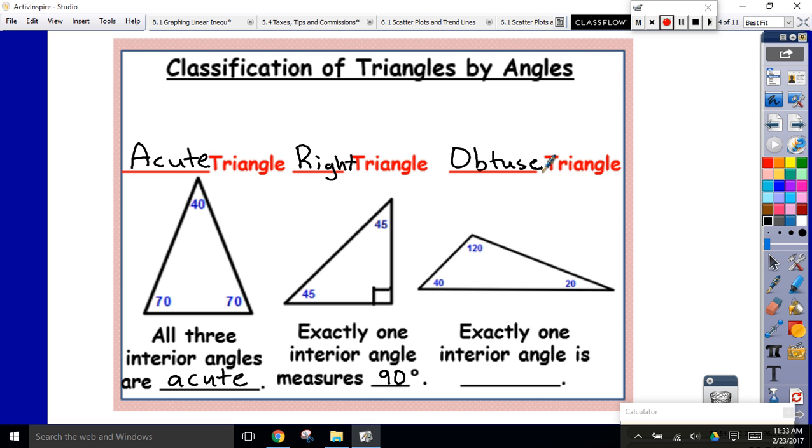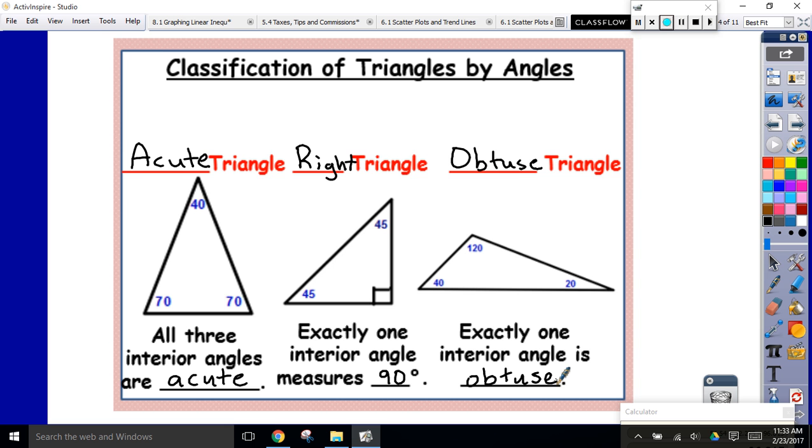And an obtuse triangle has exactly one obtuse angle. What does it mean for an angle to be obtuse? Kayla? Bigger than 90 degrees. It's bigger than 90. So an acute triangle, all the angles are less than 90. A right triangle has one 90-degree angle. An obtuse triangle has one angle that's greater than 90.